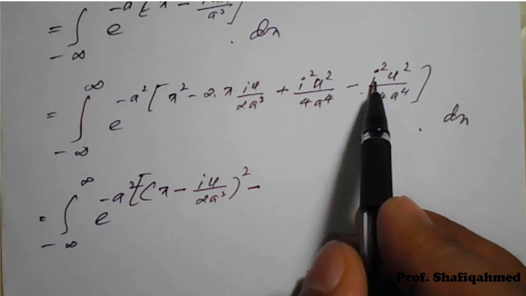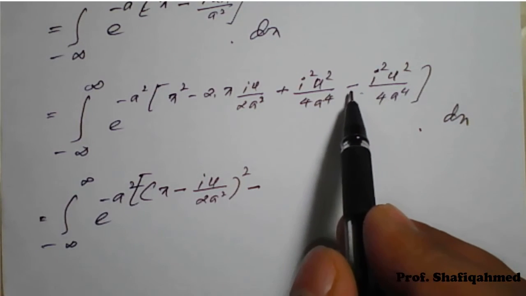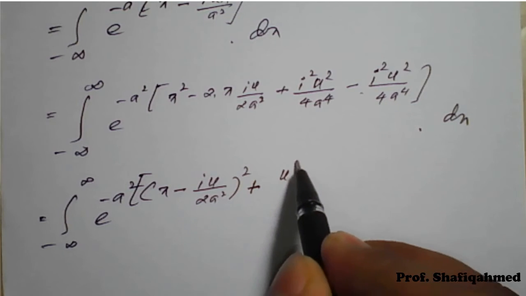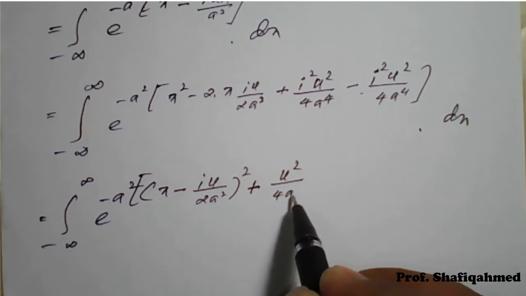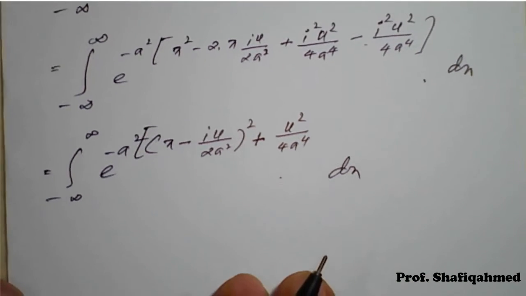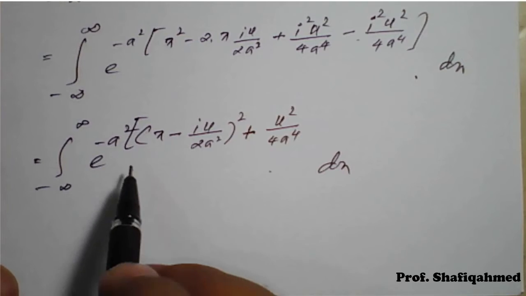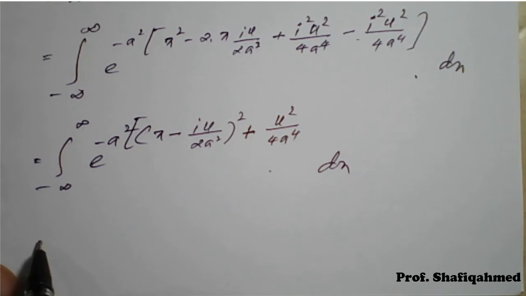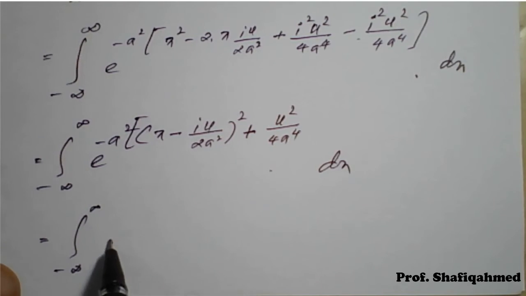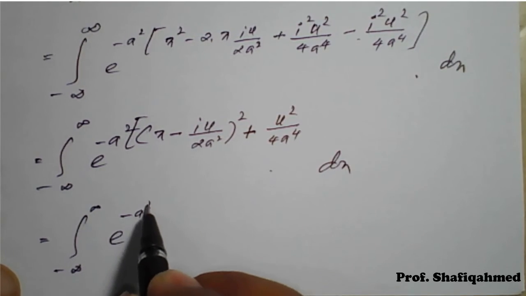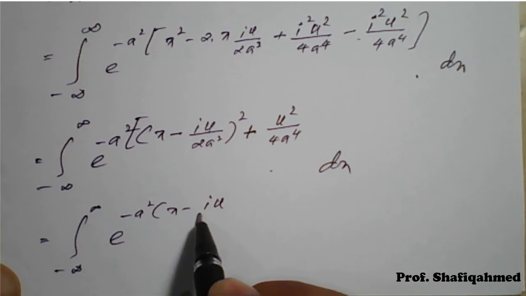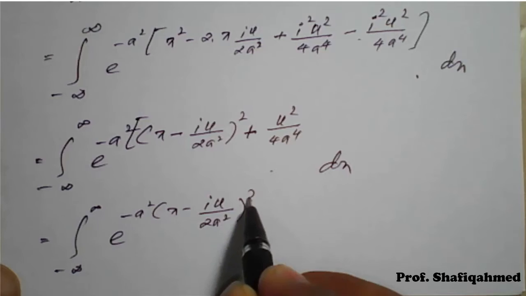Here i square will be minus, and that minus and this minus will become plus u square upon 4a raised to 4, into dx. Therefore we'll separate it. It will become the integration from minus infinity to plus infinity of e raised to minus a square into x minus i u upon 2a square whole square.